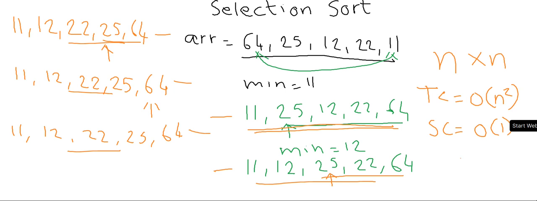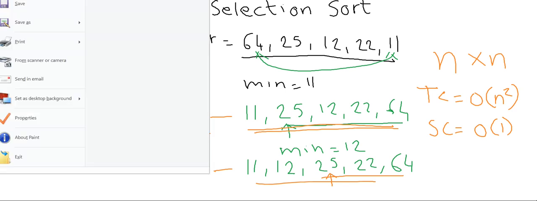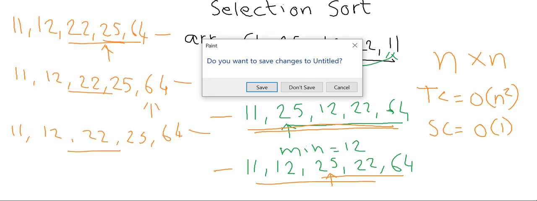So now, let's take one more example, where you have duplicates in your array. Okay, so now I'm giving you an array which has a duplicate.